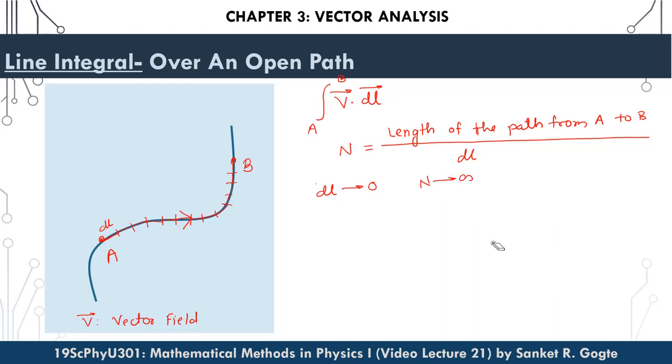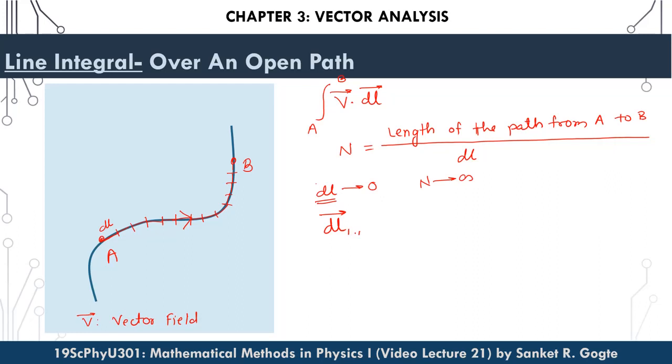So in this way we divide the path over which we are calculating the line integration into infinitely many but infinitesimally small segments. Now note that each of these segments has the same magnitude but their direction will be different, and therefore if we consider this vector dl at each point along the path, though its magnitude is the same, its direction is different.